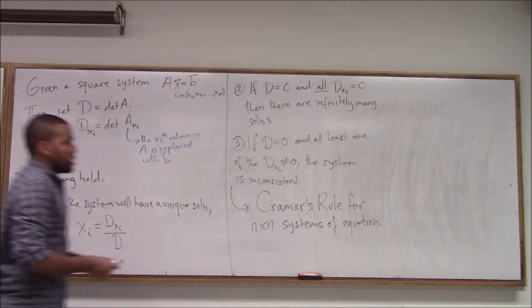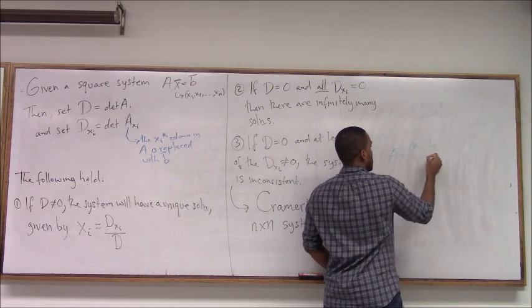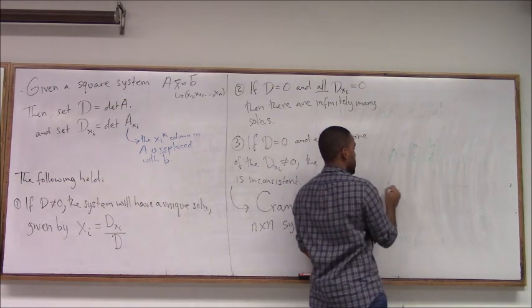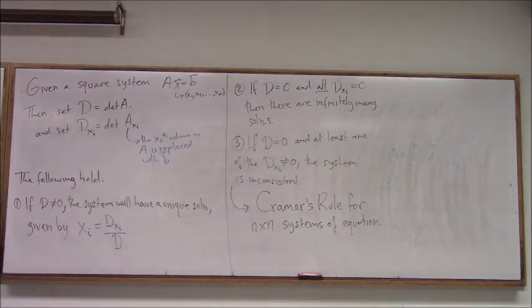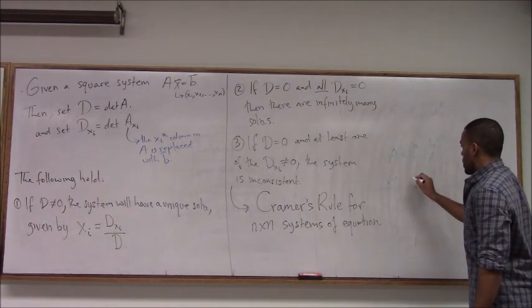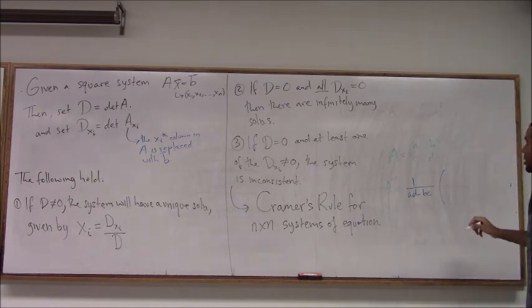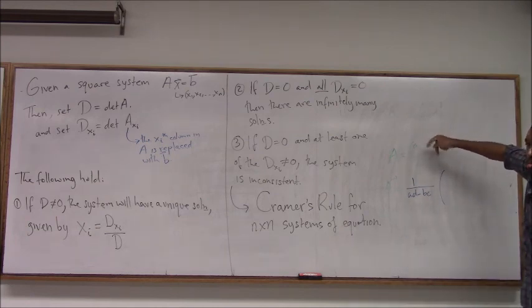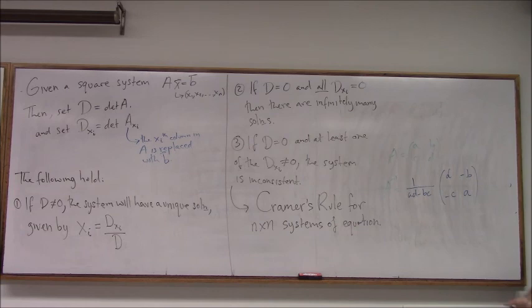If A was a 2x2, like A, B, C, D, then A inverse is 1 over the determinant, 1 over AD minus BC, times the matrix where you switch the two numbers D and A, and then you change the sign of the other two. So whatever those numbers were, you can just plug into this formula.